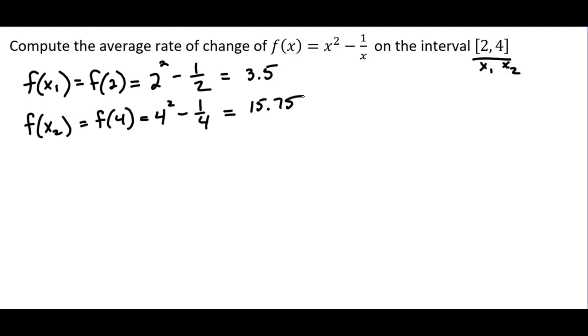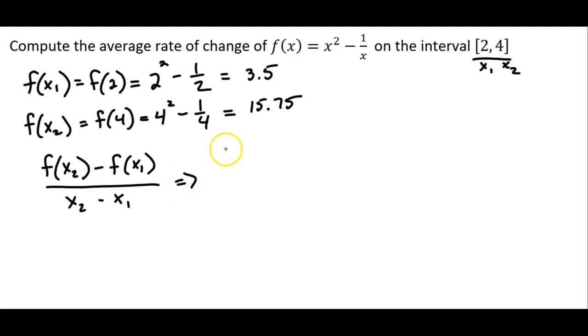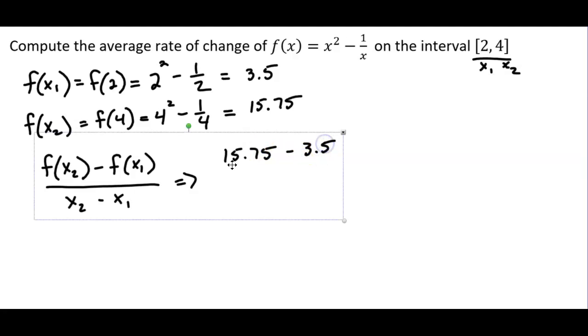Okay. Now we can plug it into that formula. So it's, again, f of x sub 2 minus f of x sub 1 over x sub 2 minus x sub 1. And so for us, we're going to have 15.75 minus 3.5. I really should have gone with fractions, I can tell. I should have left those decimals behind. And then, what do we have? 4 minus 2.